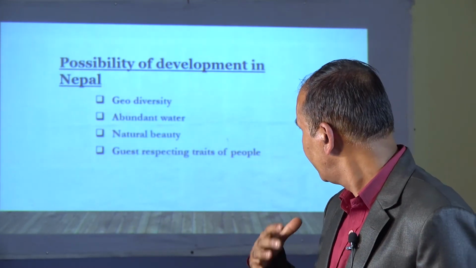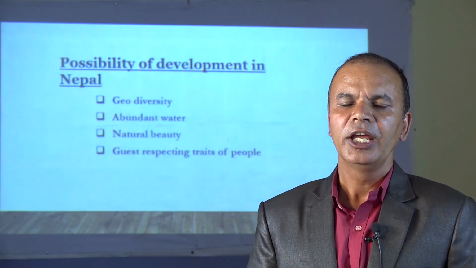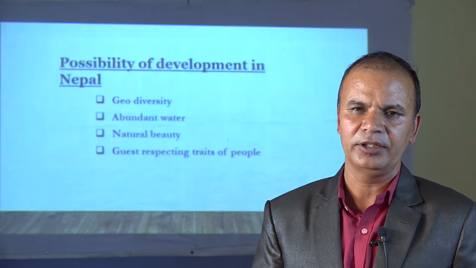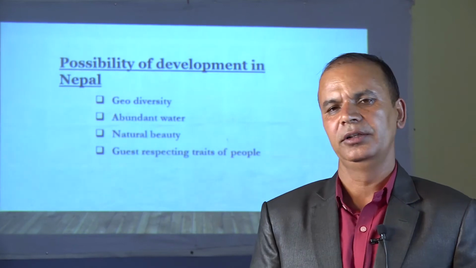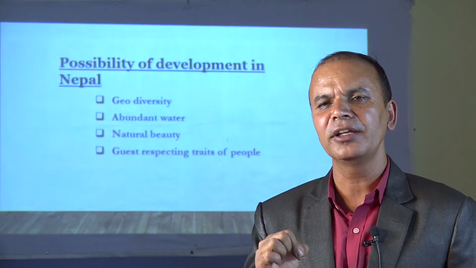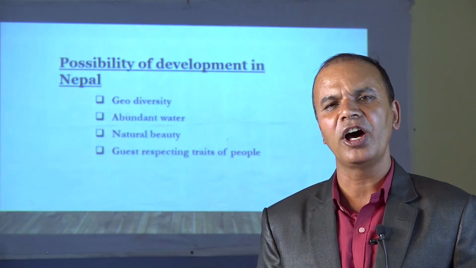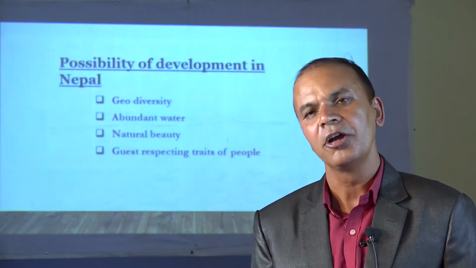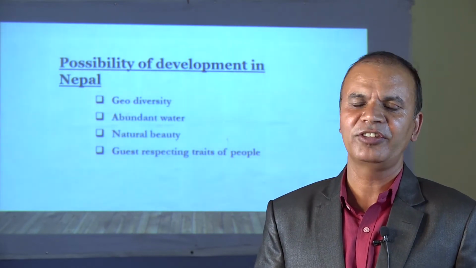Another possibility of development in Nepal. Nepal is a small country, but it is full of the potentialities of development. Because of its altitudinal variation, we are rich in variation of climate and variation of vegetation. These result from the variation of the height of the land from the sea level.